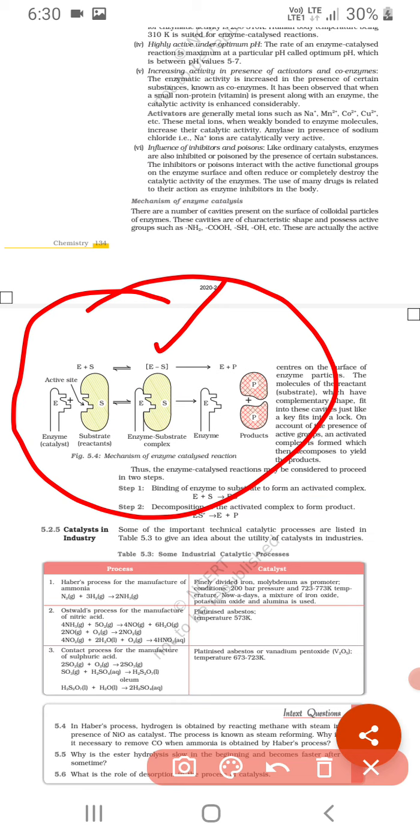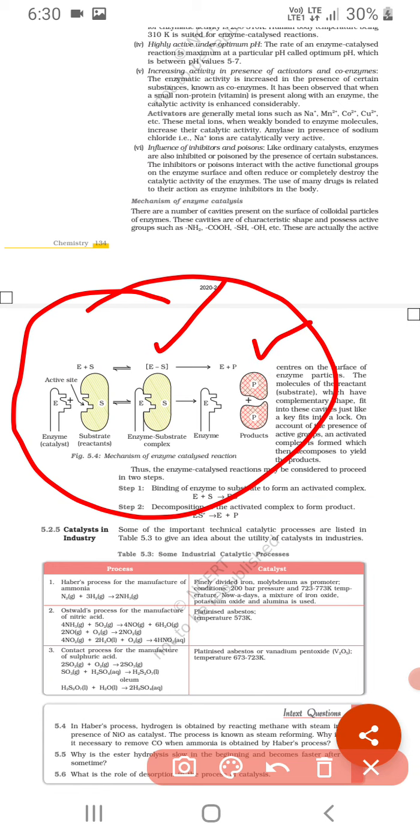Students, first of all, enzymes and substrate combine with one another like a key and lock mechanism, and when they fit together, the enzyme transfers its message to the substrate, that is the reactant part, and after getting the message, this substrate is going to change into product.